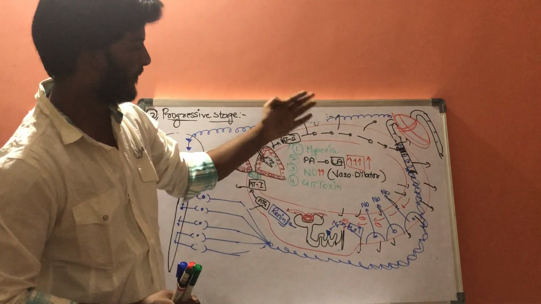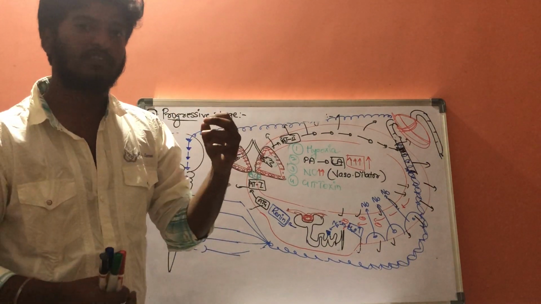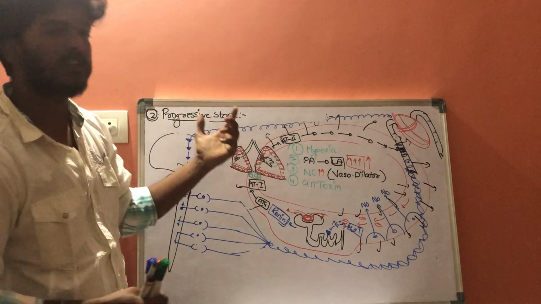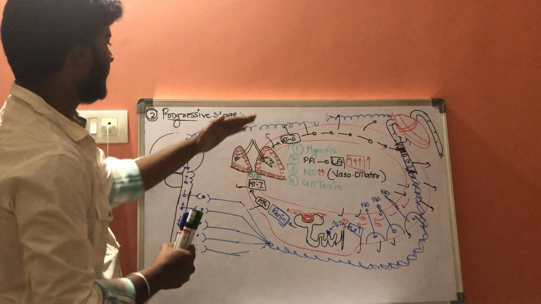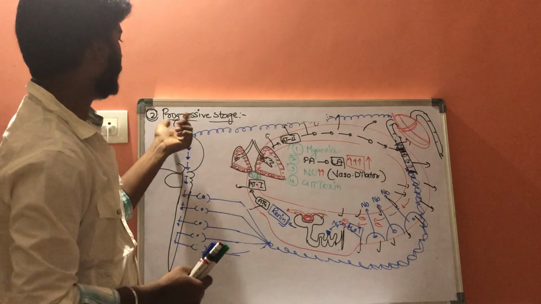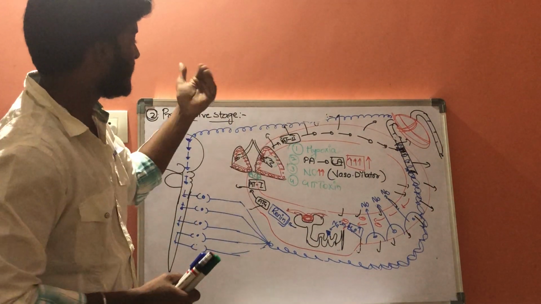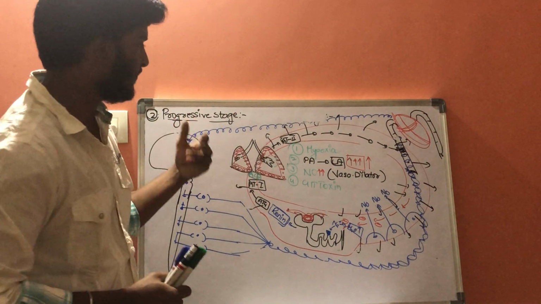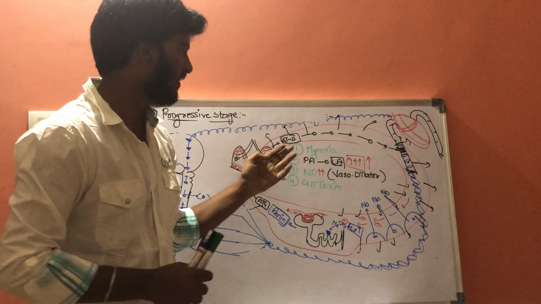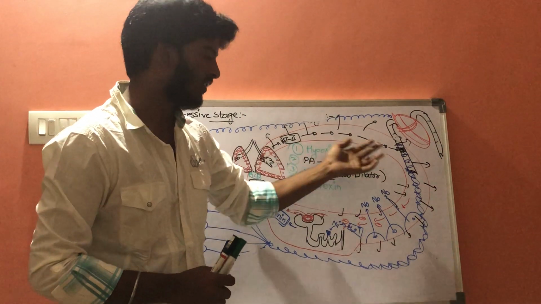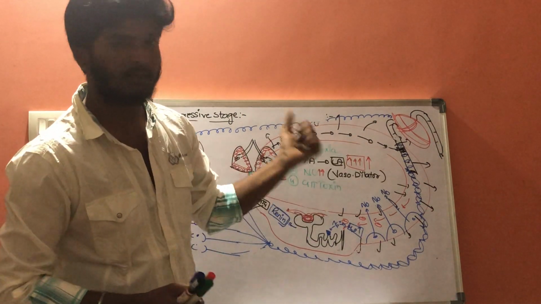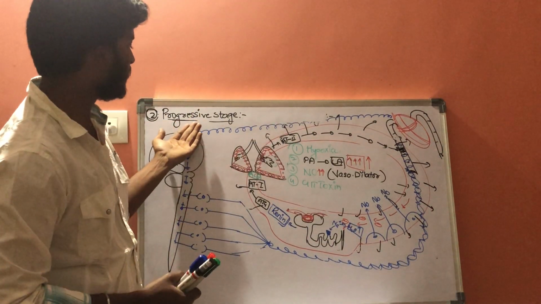But if the person is not taken to the hospital within a short period of time, that non-progressive stage may convert into the progressive stage. If a person enters the progressive stage, he may undergo hypoxia. If there is hypoxia, oxygen supply to the blood will be decreased.